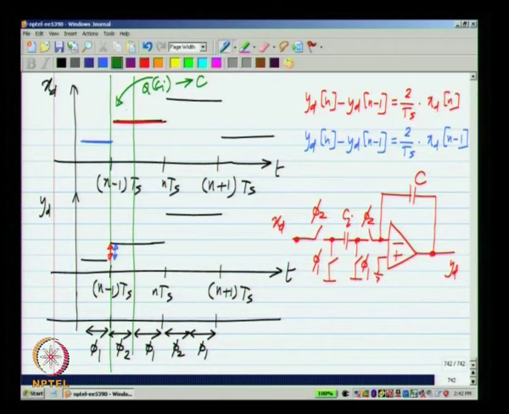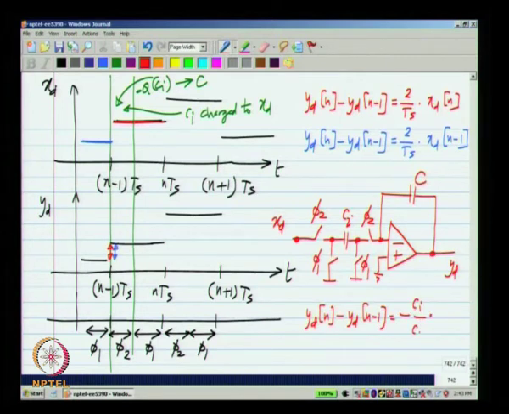So, both of these happen in the same phase. Ci charges to xd, and in fact the negative of the charge on Ci goes to C, and it turns out that if you write out the difference equation for this, you will get yd of n minus yd of n minus 1 equals minus Ci by C times xd of n.